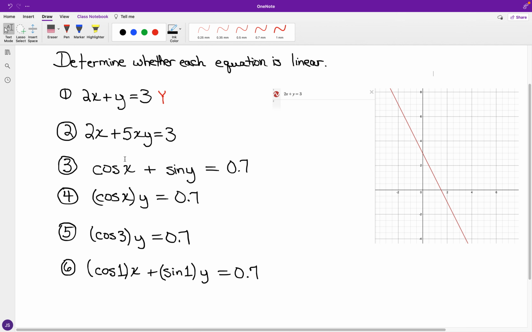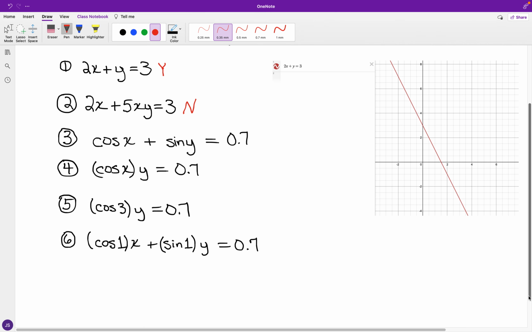But in the case of 2x plus 5xy, if x and y happen to be identical, you could have 2x plus 5x squared is equal to 3, or 2x plus 5y squared is equal to 3, and the combination of x and y could be of a degree other than just 1. So x is first order, y is first order, and the product when paired up comes out to 2. In this case, the result is absolutely no.